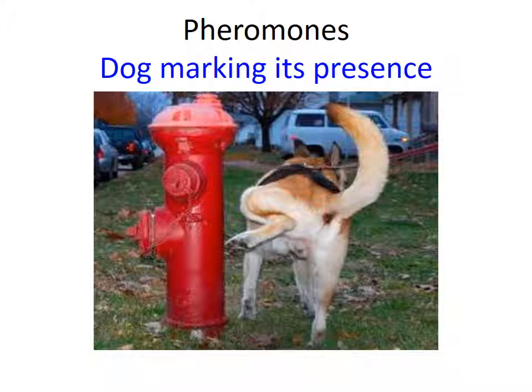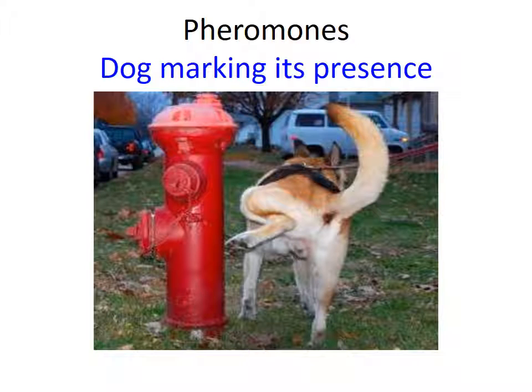Dogs like to come up and smell that fire hydrant and they'll realize that another animal is there. Insects use pheromones quite a bit, and we as people who produce food have utilized these pheromones to trap insects, creating little pheromone traps that the insects fly into, which prevents them from destroying our food crops and things.